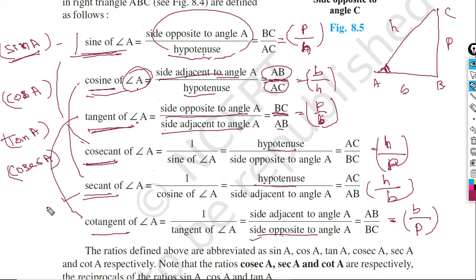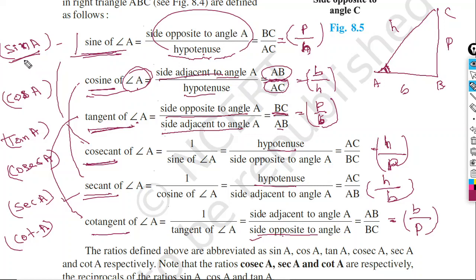Secant of angle A, we can write sec A. Cotangent, similarly we can write cot, C-O-T, cot A.